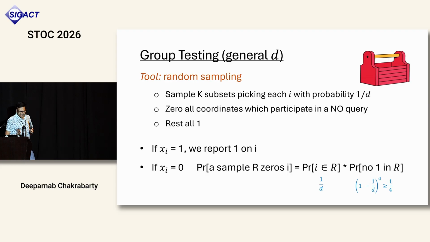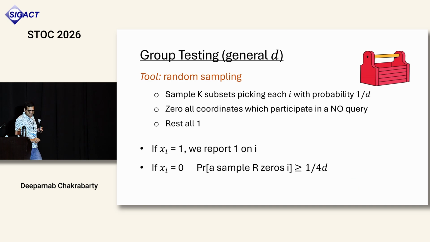So the probability that i is in R is 1 by d. The probability that none of the ones are in R, this is where the 1 by d sampling comes in. I go over all the d coordinates. I don't pick them with probability 1 minus 1 by d. So the probability that I don't pick any of them is (1 minus 1 by d) to the d, which is a constant.